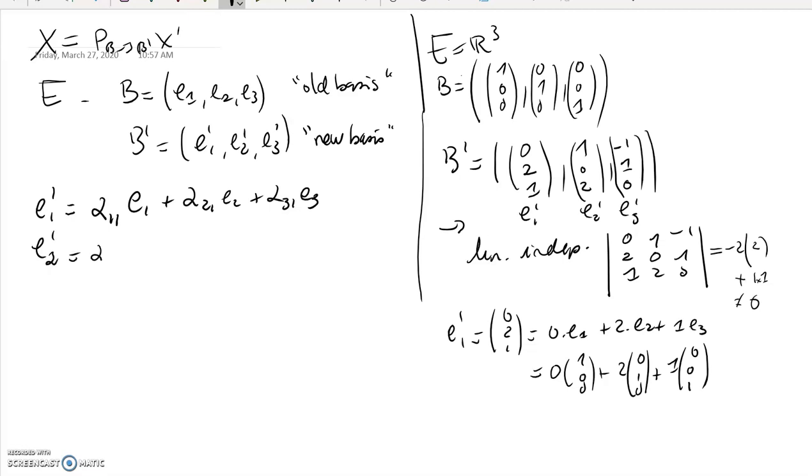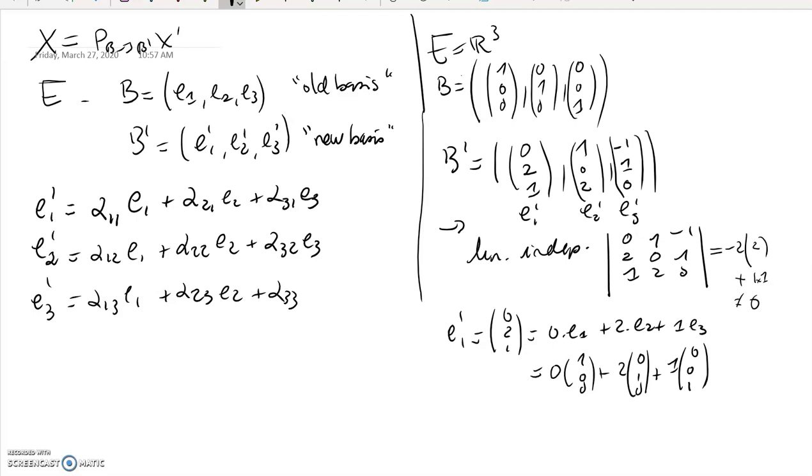E2 prime is alpha 1,2 E1 plus alpha 2,2 E2 plus alpha 3,2 E3, and E3 prime is alpha 1,3 E1 plus alpha 2,3 E2 plus alpha 3,3 E3. Usually this is what we have: the description of the vectors of the new basis as a linear combination of the vectors of the old basis.